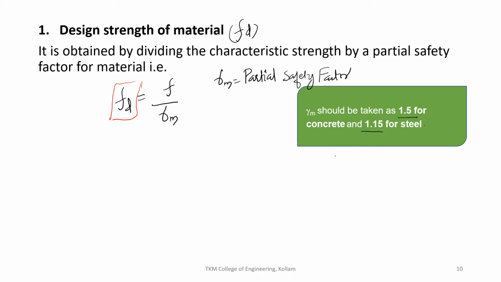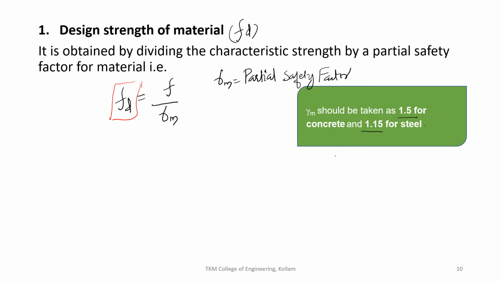Can you tell what is the reason for that? Since concrete is made on site, the quality assurance will be very much less when compared to steel, which is made in a factory. There will be a lot of change in the quality of the material when comparing concrete and steel. Concrete being made on site depends on a lot of variables and factors.